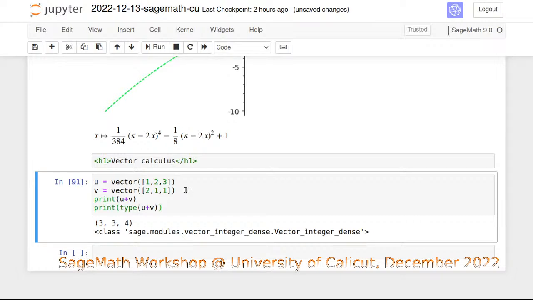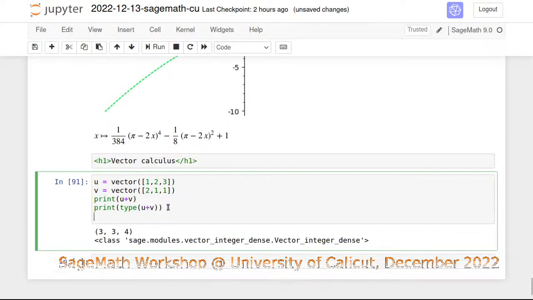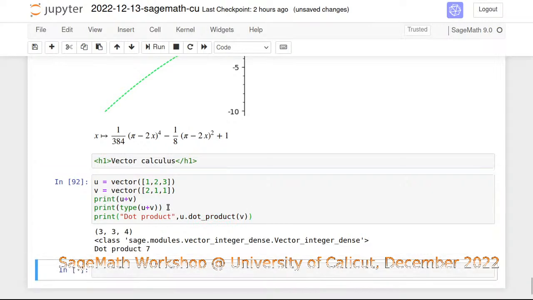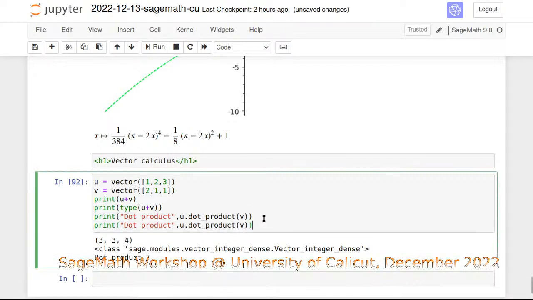But instead of that, the dot product command itself is available to you. u dot v, the dot product is here. The dot product is 7. Now similarly the cross product is also there.